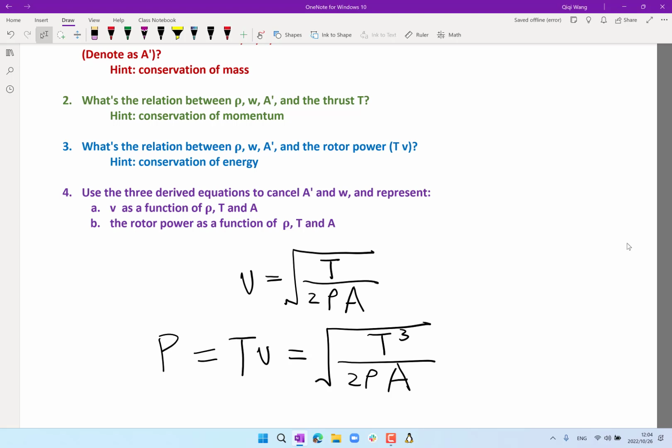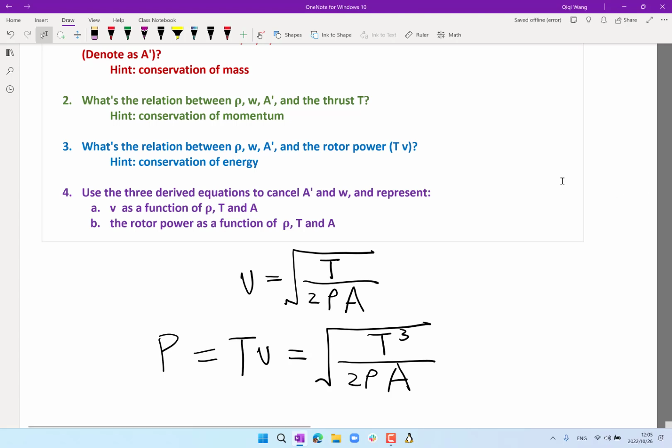Okay, how to compensate for that? Well, I can have a bigger rotor area, right? So a bigger rotor area always helps to reduce the power for the same thrust. So especially if you want to design something with power being the primary concern, or power being the primary constraint, and you want to lift heavy weight, what do you do? Well, of course, we can't really change rho, so we increase the area.